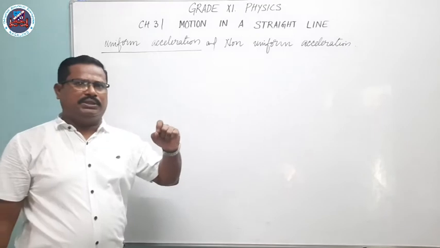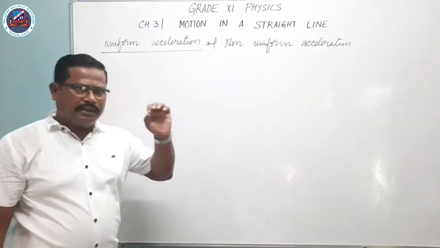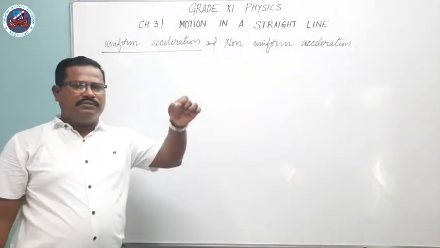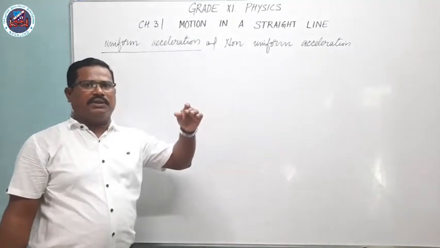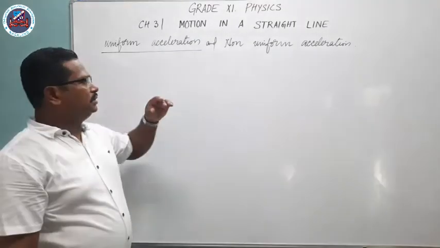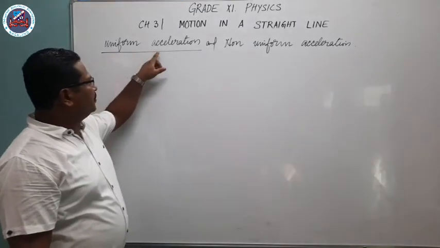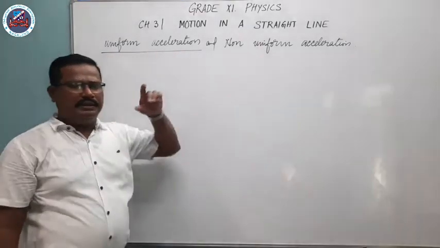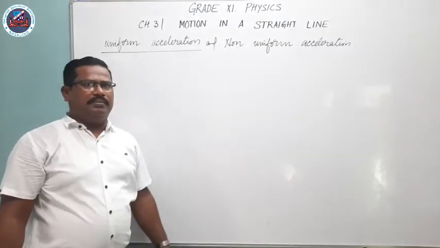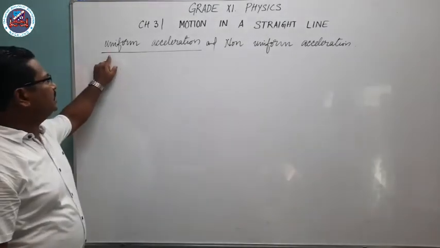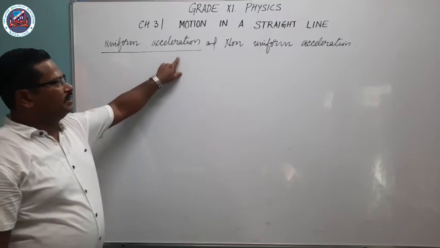Mark my language. Here you have to know the definition of acceleration: change in velocity with respect to time. So on the top, it is change in velocity in the numerator. So if the body is in uniform acceleration, the change in velocity should be equal in equal intervals of time. Then that acceleration will be called uniform acceleration.